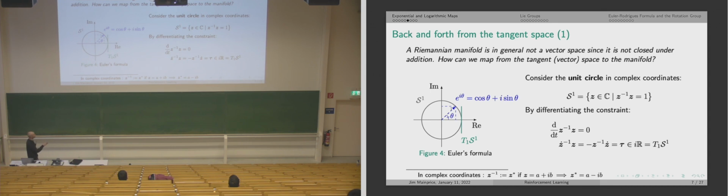So this is what is written here. And this is actually a pure imaginary number, and it's equal to this set here.